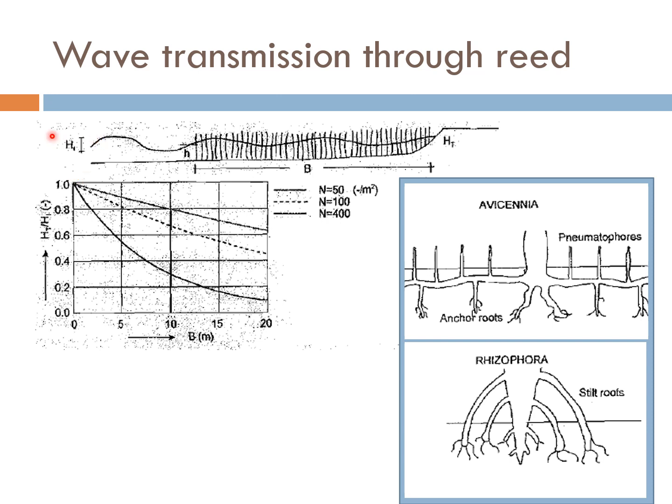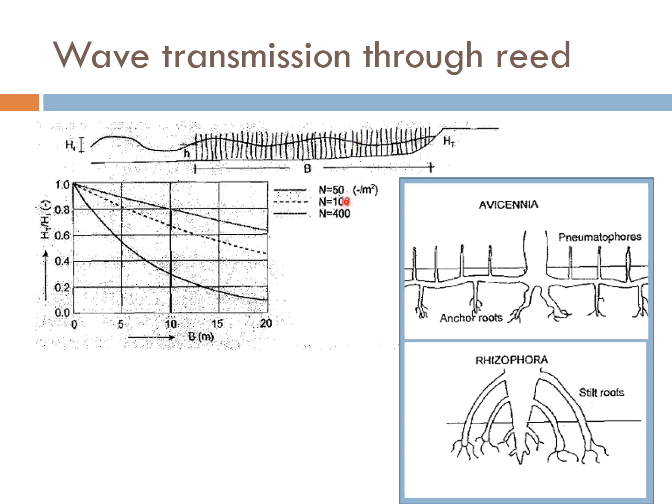That means that all the incident wave height will be able to reach the shore. But if we have a reed as wide as 5 meters or 10 meters, for example, we can see how it drops, and this depends on N. N here refers to the density of the reed or the root structure.